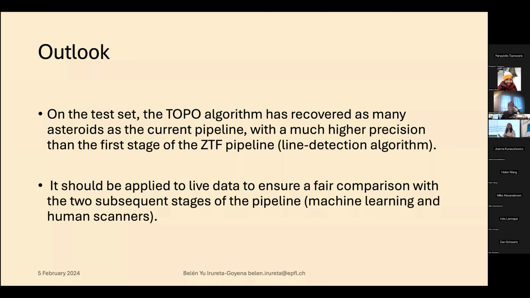So we need to apply it to actual live data on the fly to check how it compares to their performances and see whether we can potentially use Topo again to complement or even substitute any of these 2 further stages, because ideally we want a pipeline that doesn't need human scanners looking at the images every night.